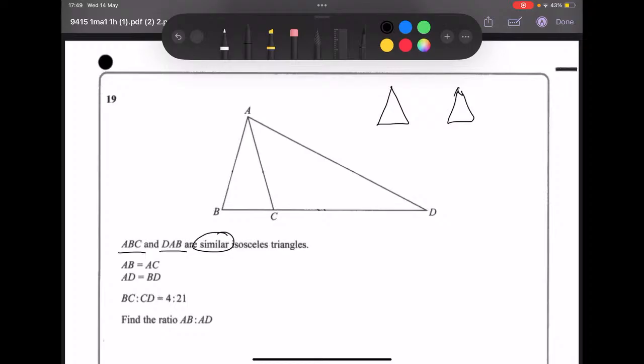Now, if BC to CD equals 4 to 21, then BC here is 4, and if CD was 21, then AB over 4 equals 25 over AB.